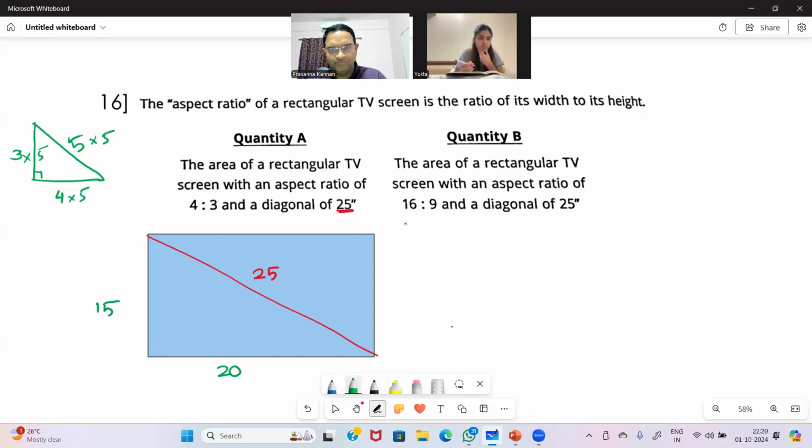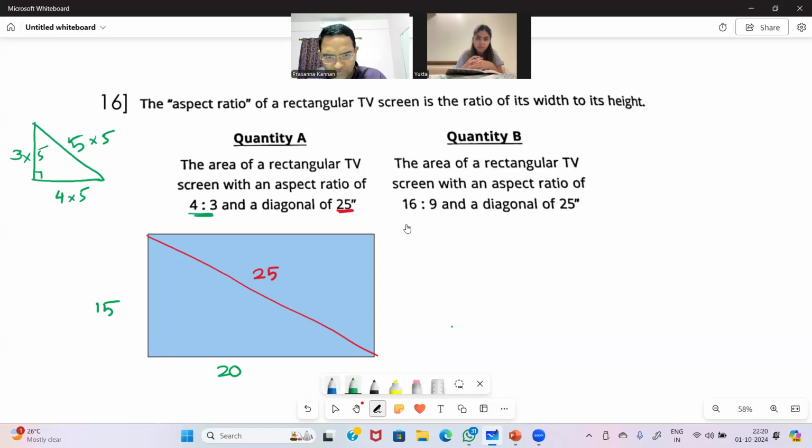Correct? So if you see the ratio of the width to the height, the 5 and 5 cancel and you get 4:3. So diagonal is 25 inches and your aspect ratio is 4:3.